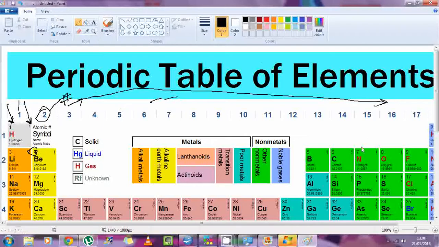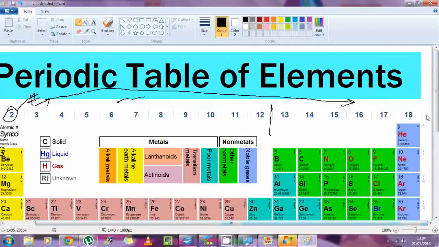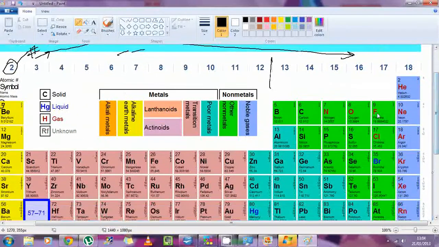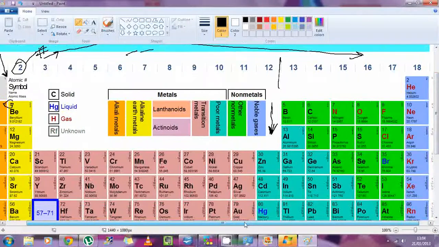While these guys, the non-metals, they need to gain an electron. So they will get more reactive as you go closer to this side, and that's because they can easily attract electrons if they have fewer there already.